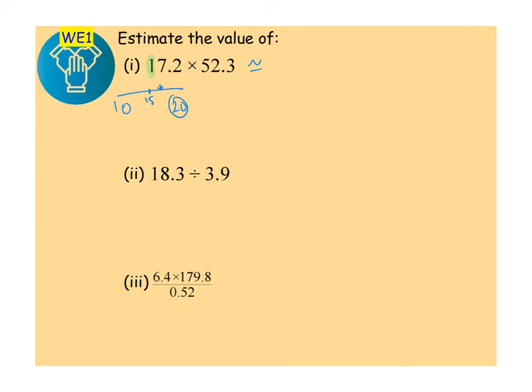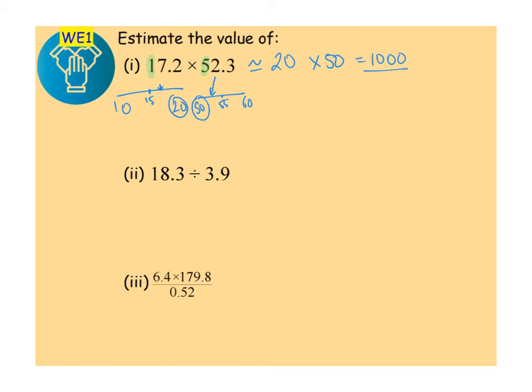For the second number, I'm using the 50 to help me round. This is lower than 55, so I'm going to use the 50. So this is approximately the same as 20 multiplied by 50, which is 1000.